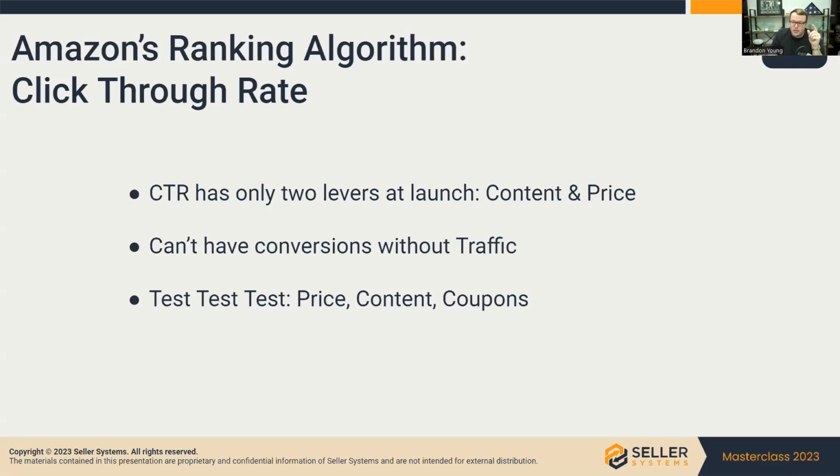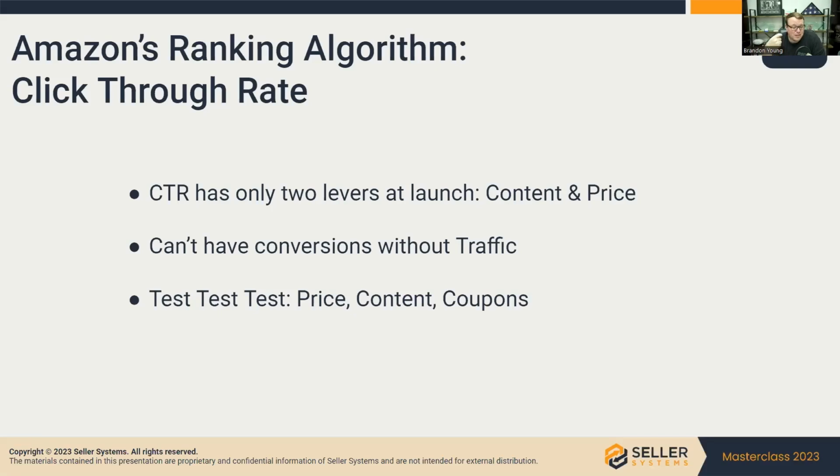So the only things you can control are your content, so your image, how you display the value of your product, and the price of your product. With those two levers, you can control how many units you sell. The better your content, the better the value you display, the more you can charge. The worse your content, the worse your image, the more you have to lower your price.